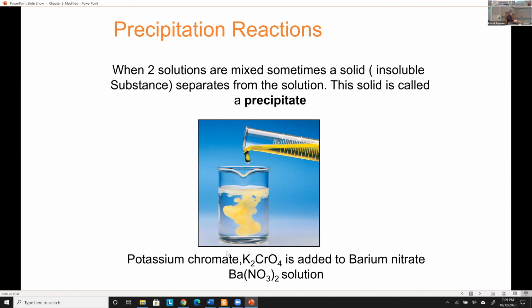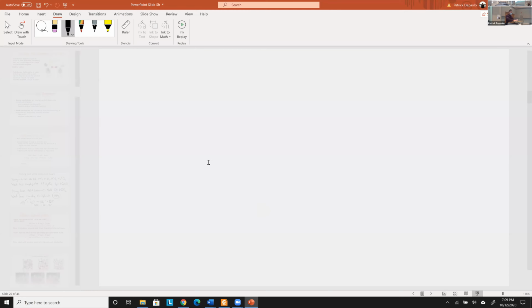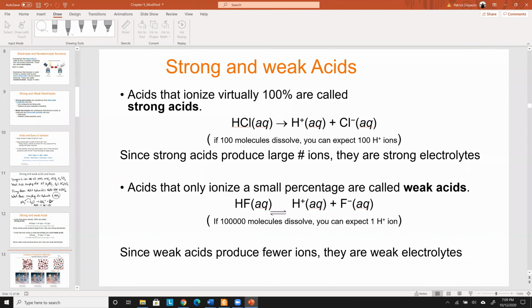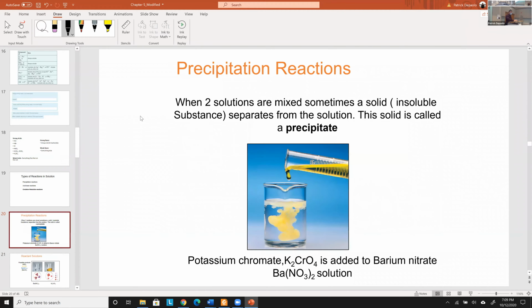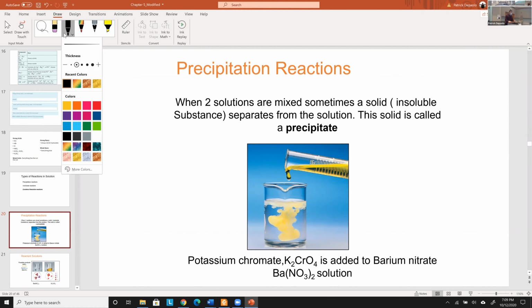So here's an example, and we'll write this equation now. There's different things you can do with these. Okay, so this reaction, potassium chromate is added to barium nitrate.